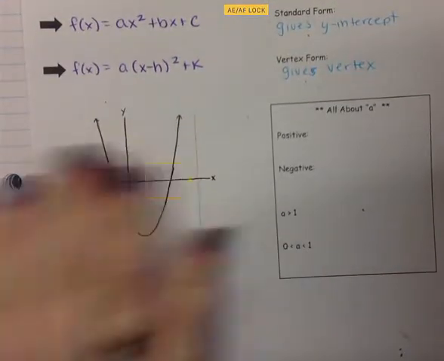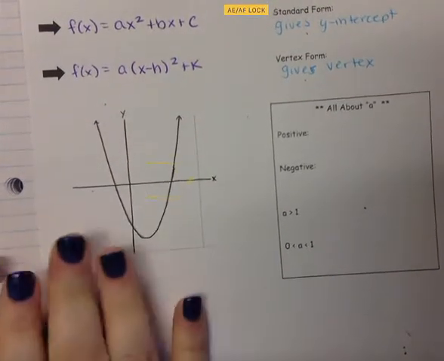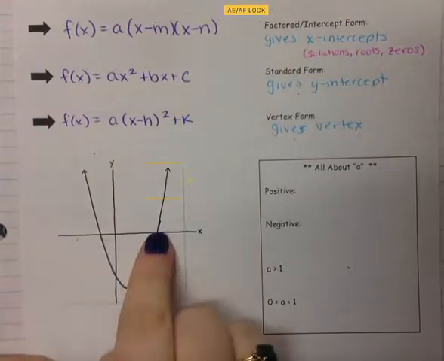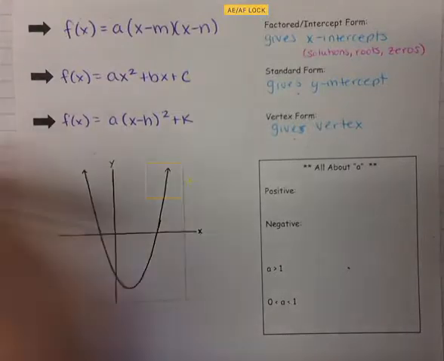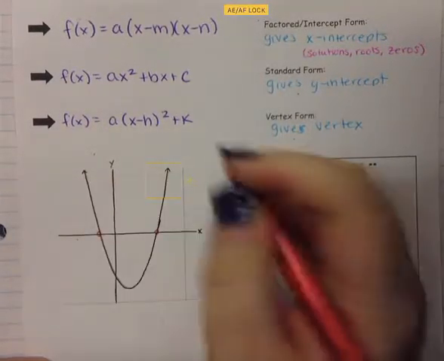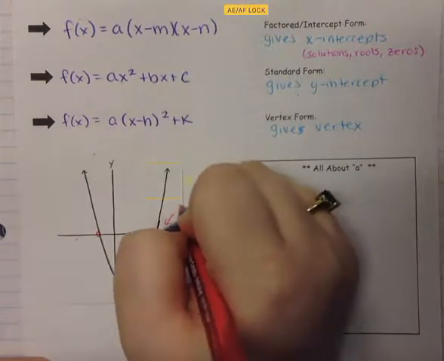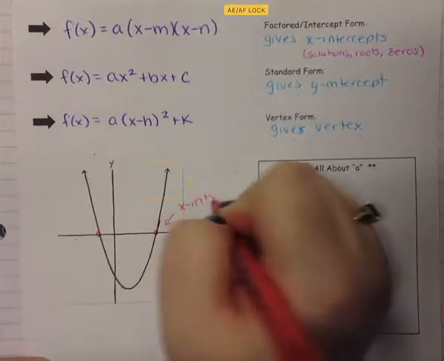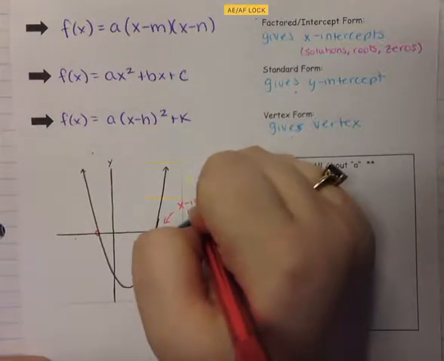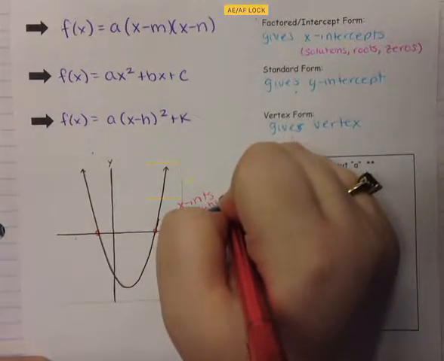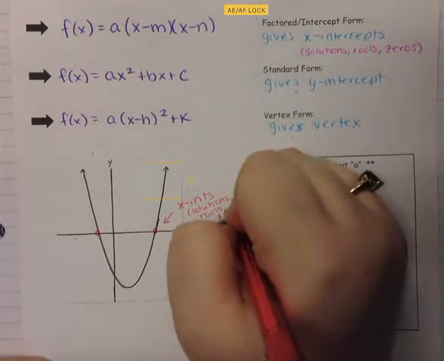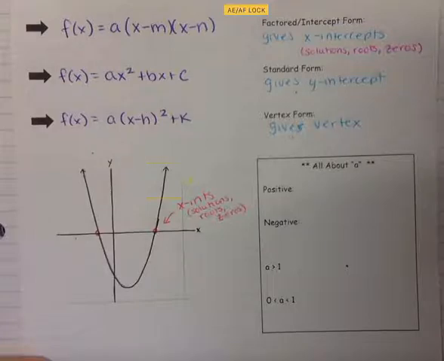So on our graph, we have multiple points. Obviously we have x-intercepts. We're going to have two x-intercepts. So these will be our two x-intercepts, which again can be called solutions, roots, and zeros all mean the same thing.